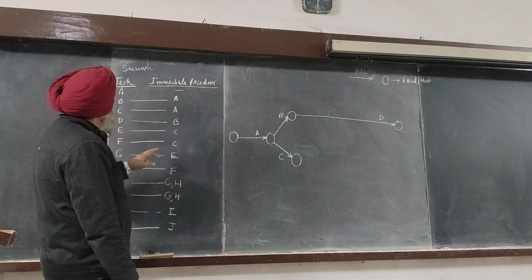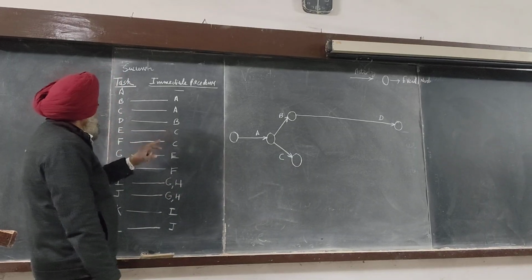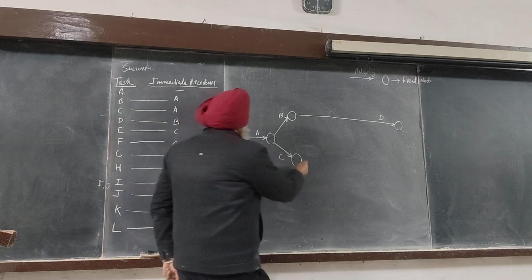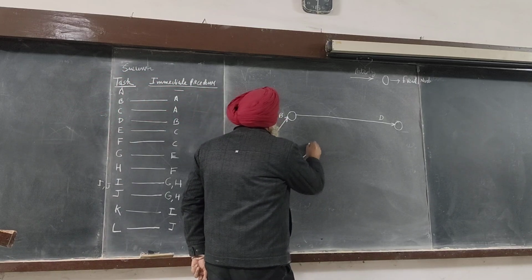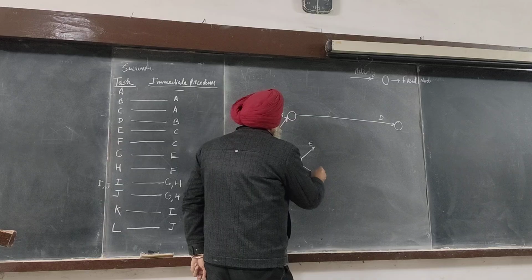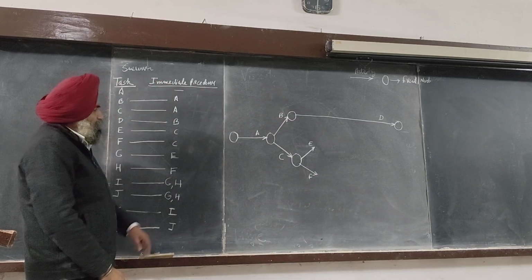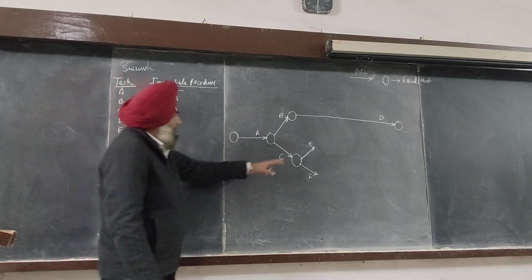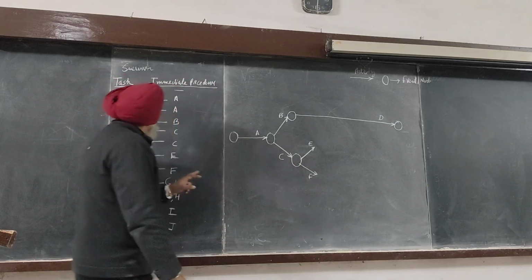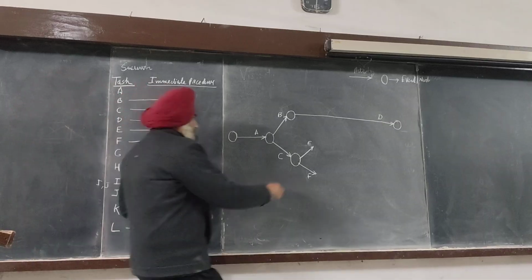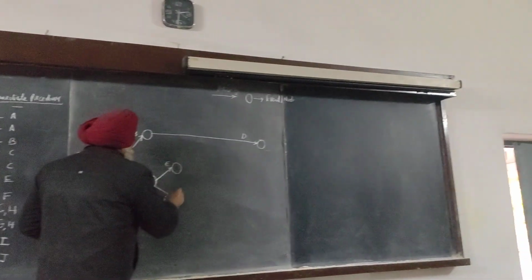Here, if you look, E and F are the two activities. Before the start of work of E and F, C must be completed. Clear?